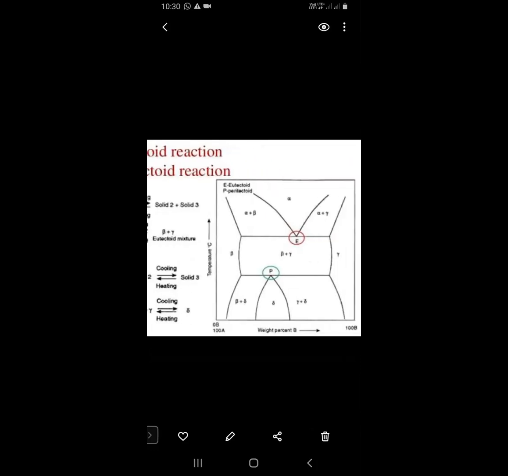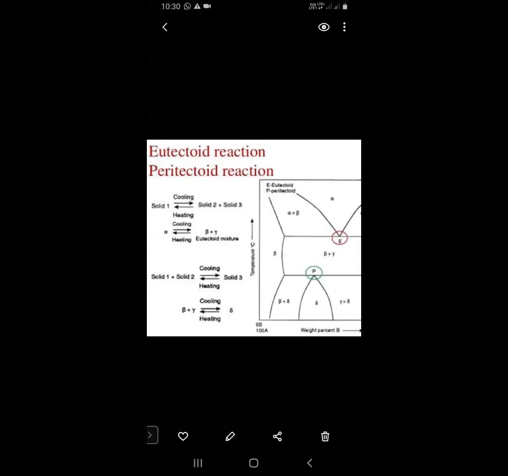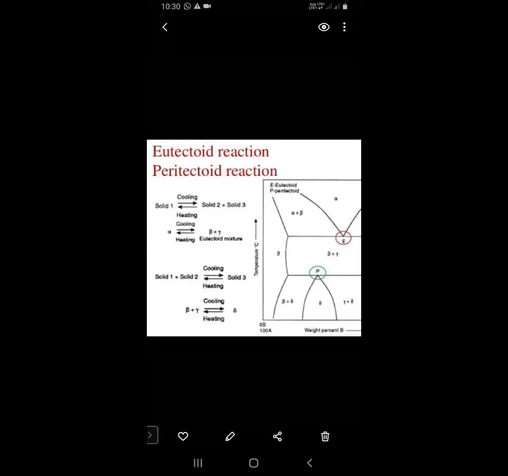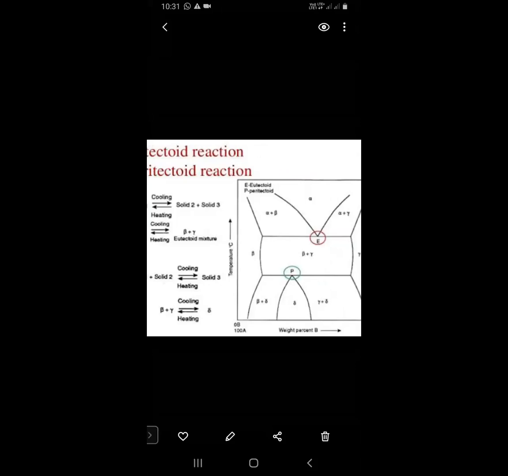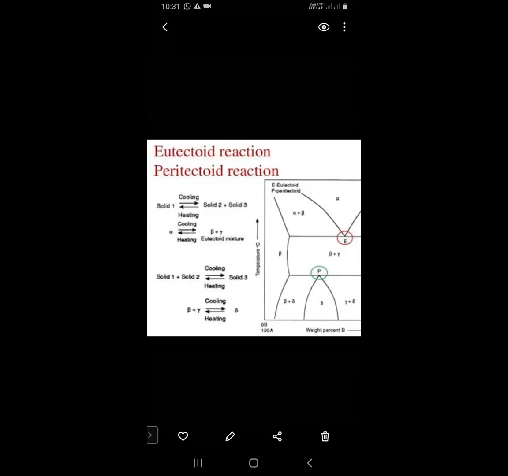What are they in the phase diagram? That is alpha. Alpha gives two solids, that is beta plus gamma. Yes, alpha sir. Beta plus gamma. That is the eutectoid phase system.